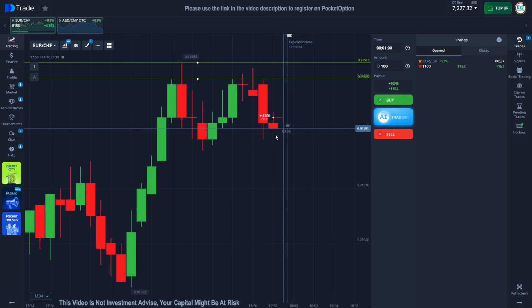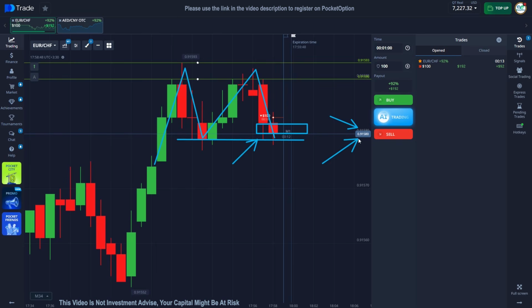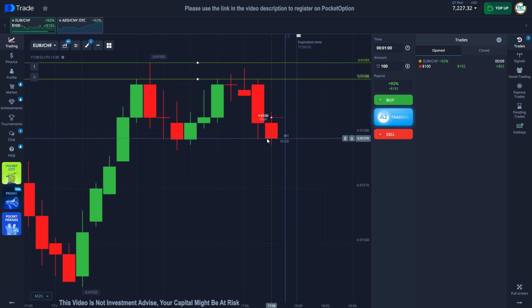On the other hand, there is a gap and a distance to the round number level and also to the neckline of the double top pattern. See? We have a gap to the neckline and to the round number level. So, to complete the pattern, I entered a lower trade after 3 red candles.